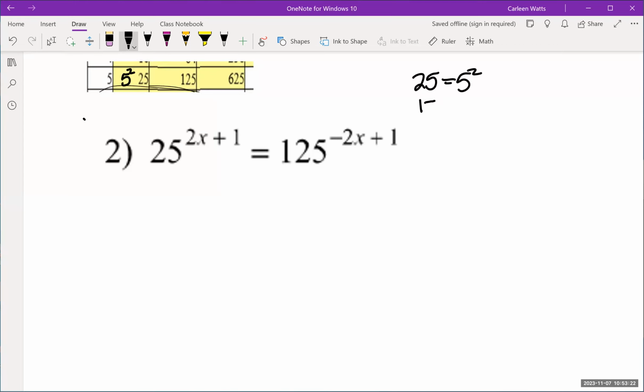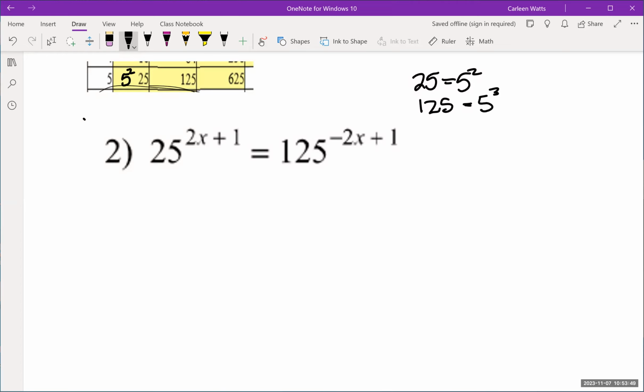Okay, and 125 can be written as what, Zoomers? Five to what power? All right, third power.